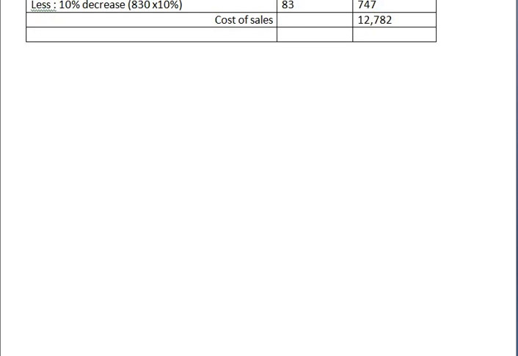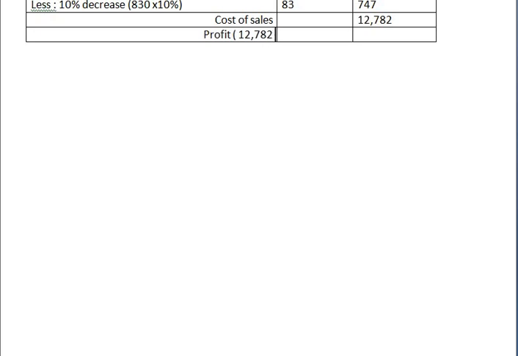So what percentage they have given us? 16.67% is profit, right? Yes. Now here profit. Okay, in bracket you can show the calculation. Okay. Now when cost of sales is 12,782.